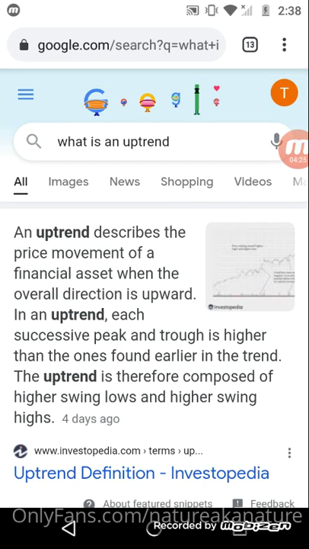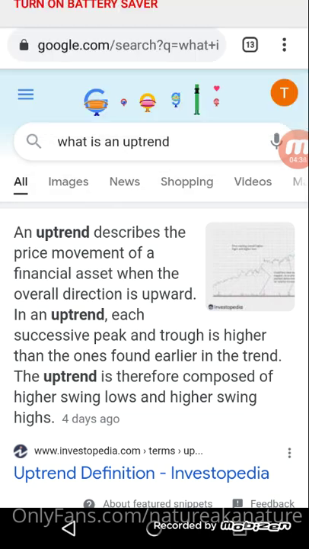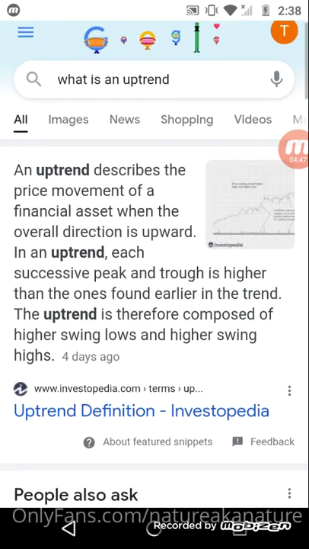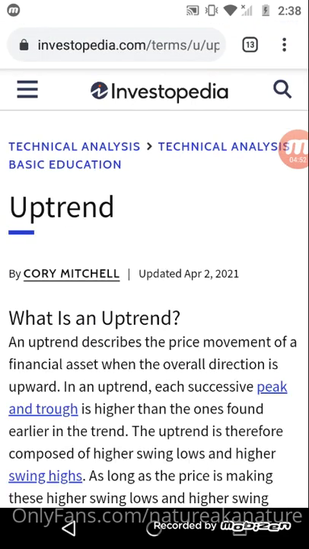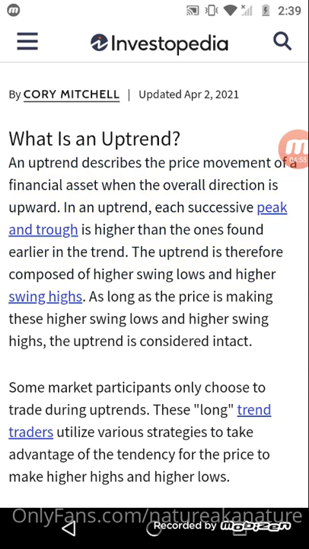An uptrend describes the price momentum of a financial asset when the overall direction is upward. In an uptrend, each successive peak and trough is higher than the one found earlier in the trend.